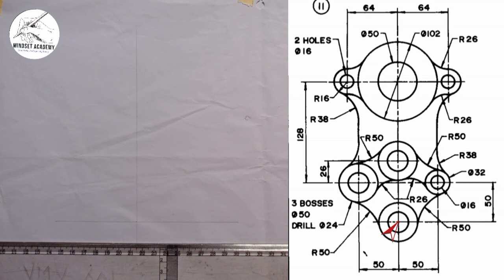Now, the next thing you do is, from the question, we are told to draw half size of the dimension. So whatever dimension that we have, we should draw half size of it. That is half full size. If you look at the circle here, the dimension given is from this inscription that says 3 bosses, diameter 50, drill diameter 24 millimeter.